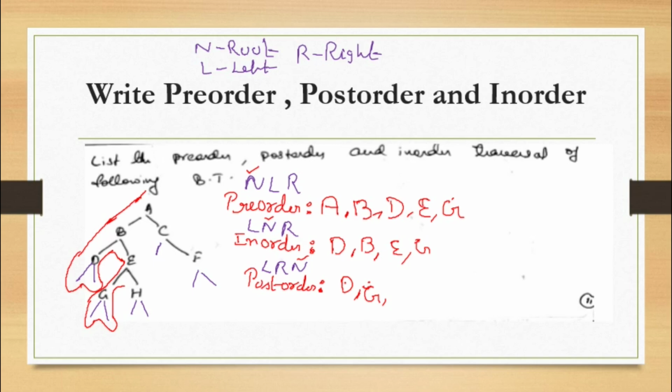So what we have observed is that E we visit for the second time after we visit G. In the in-order also we had a small correction there. First G comes, then E comes.